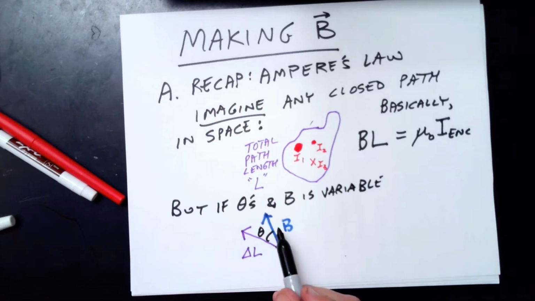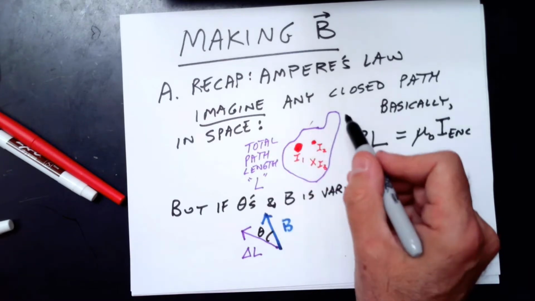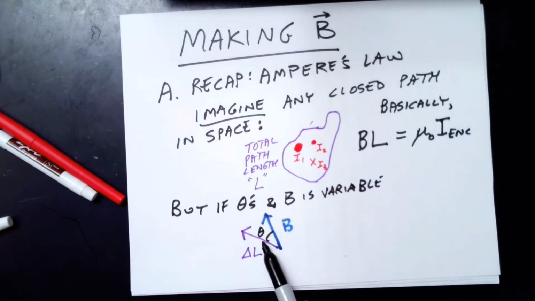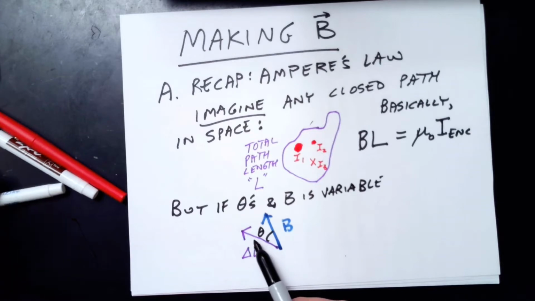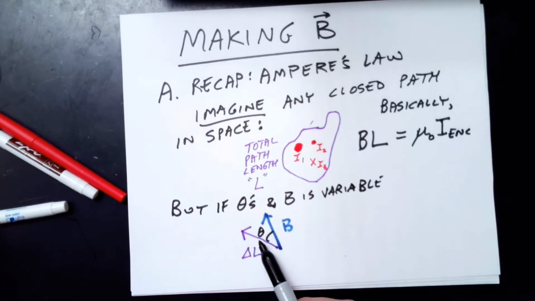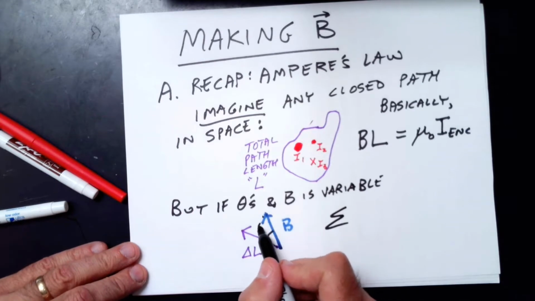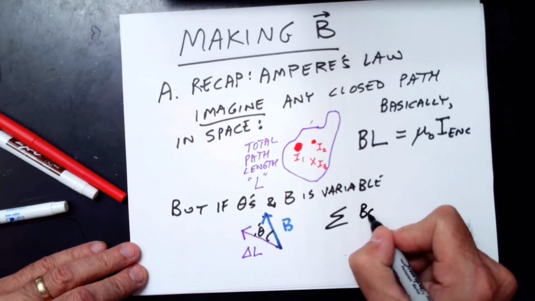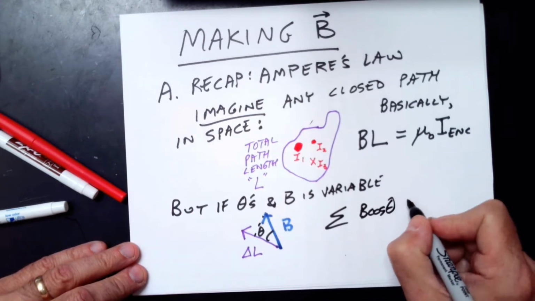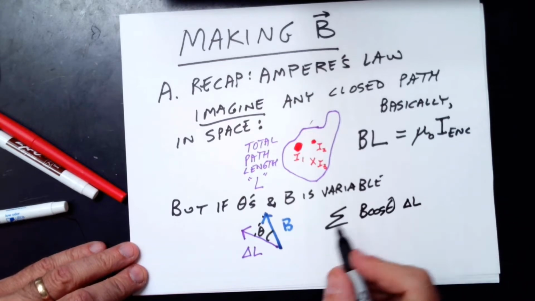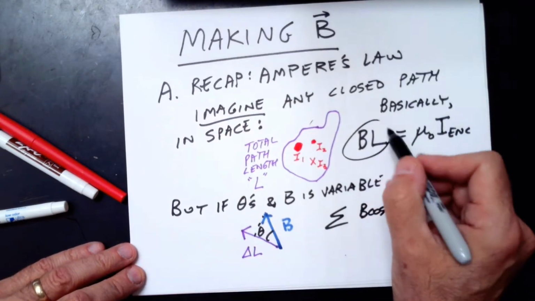And it turns out that what you have to add up all along the path is the part of B that points in the direction that is tangent to your path at any point. You add all that up, the part of B that's tangent to the path, around the entire closed loop. How is the tangent part? Well, that's the cosine part. The sum of B cosine theta delta L. Add that all up, all around, and that's what this is.